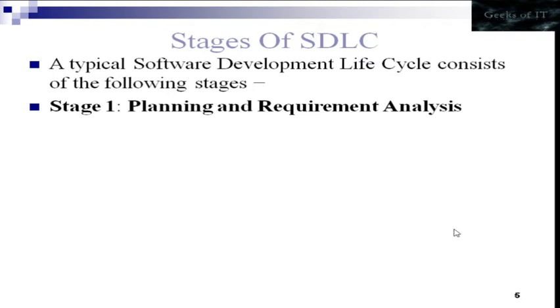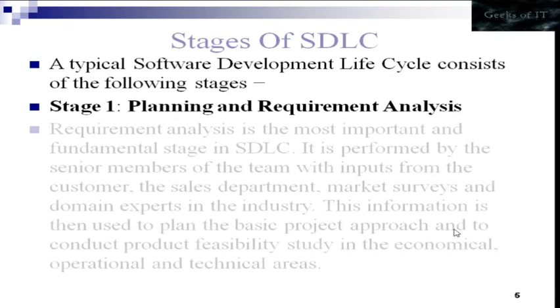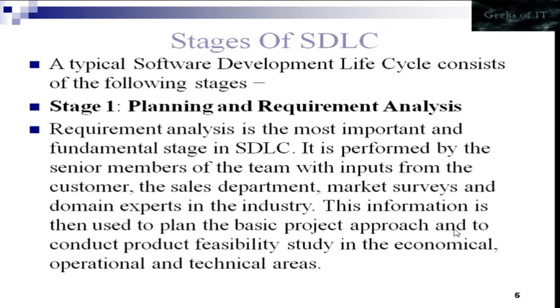So the main activities that are performed at the planning stage of system development life cycle are, the first thing that is performed in the planning stage is to gather the requirements.